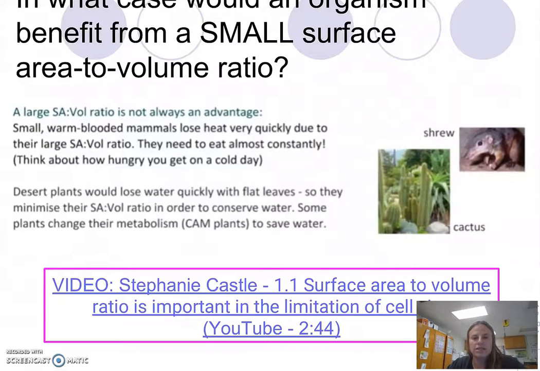Desert plants are another example. If their surface area to volume ratio was too big, they would lose water too fast. So in order to maintain and conserve water, they minimize their surface area to volume ratio. And some plants will even change their metabolism to save water, and those are known as CAM plants.